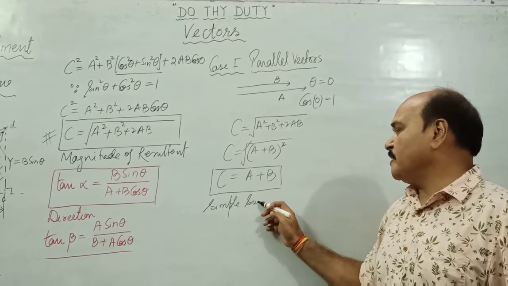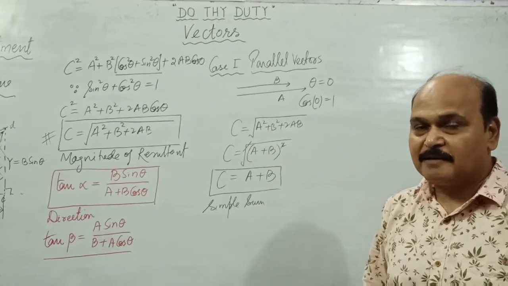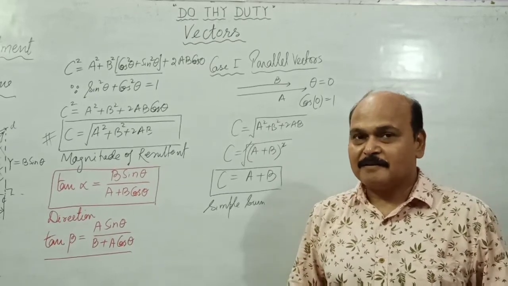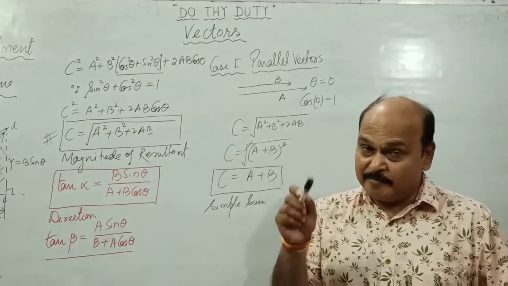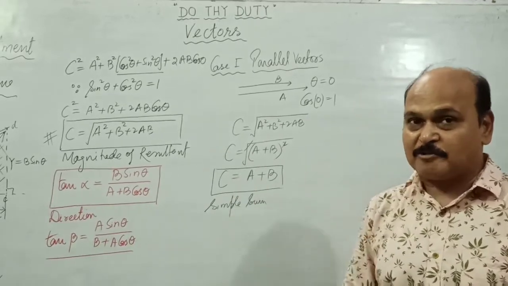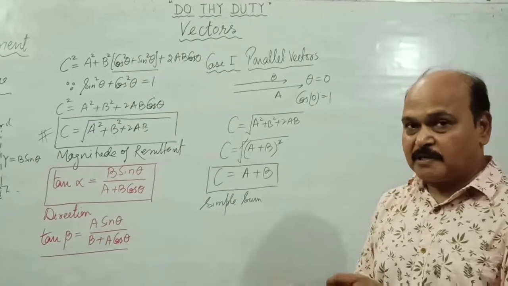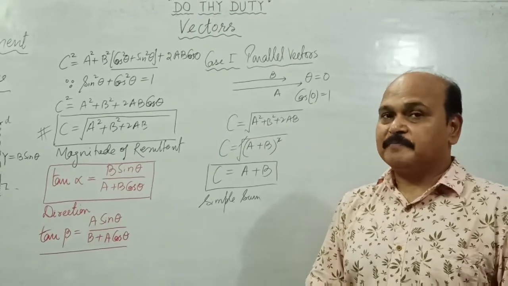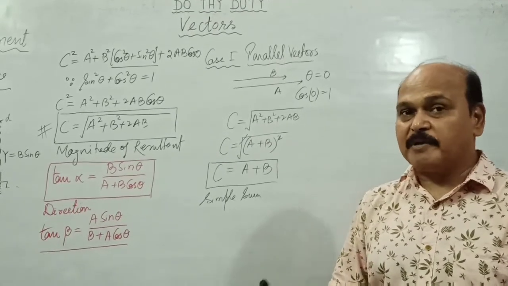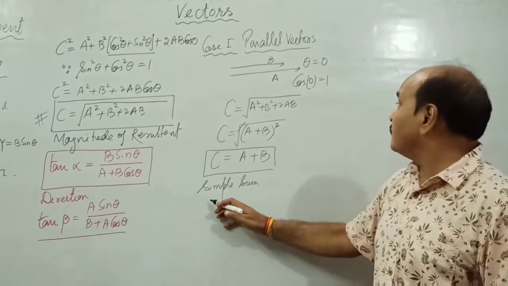This simple sum is also called scalar sum. 10 plus 10 is 20, if 10 and 10 are scalar quantities. And the same thing happens in vector sum also, provided vectors are parallel. If 10 and 10 unit vectors are parallel to each other, then the vector sum would be their simple sum, and that would be 10 plus 10, 20. And direction? What is the direction of resultant?